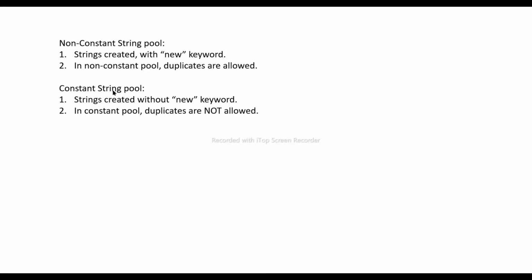You may be wondering why it has got two regions, why one has to be a constant string pool and one has to be a non-constant string pool, and why, if you use the new keyword, it has to be created on the non-constant string pool, and if you do not use a new keyword, it has to be created on the constant string pool.